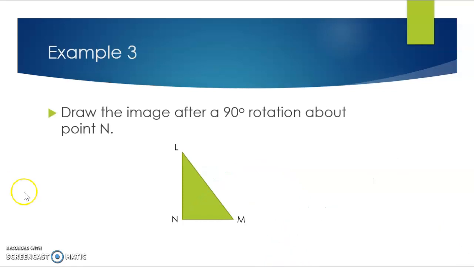All right, draw the image after a 90-degree rotation about point N. And they didn't say if they wanted clockwise or counterclockwise. I'm going to say let's do counterclockwise, just because I'll have a little bit better space for that.